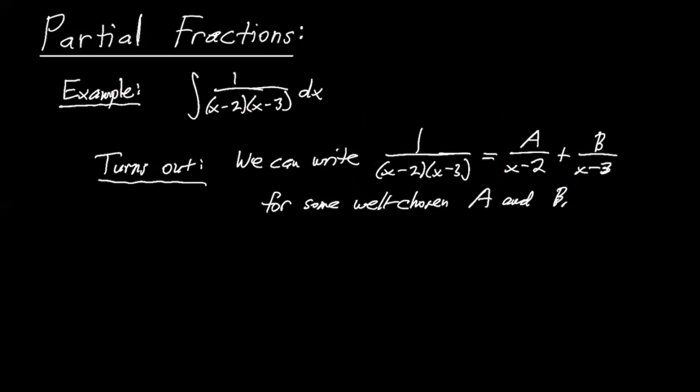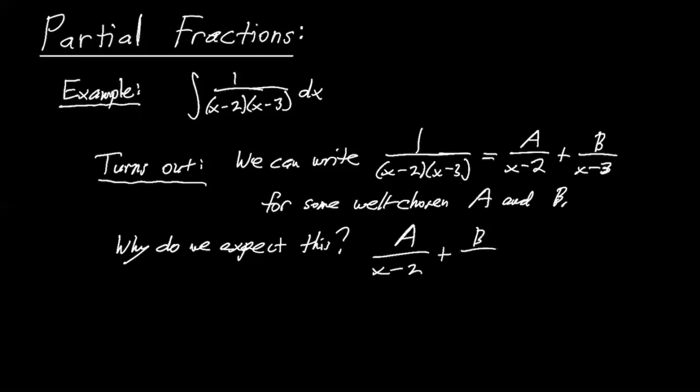The second thing is, why do we expect this? Let's think about it and write out the right-hand side. A over x minus 2 plus B over x minus 3.